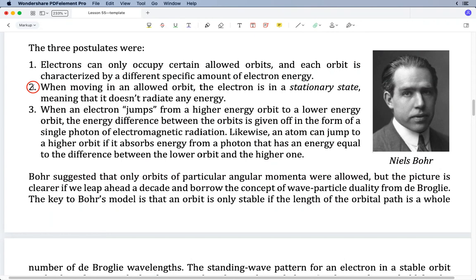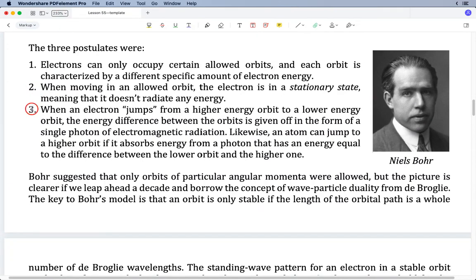This is different from the picture predicted by physicists' understanding of electromagnetism, where you had the electron losing energy through an electromagnetic wave. Bohr said, nope, whenever the electron is in an orbit, it's not going to radiate any energy. It's in a stationary state.